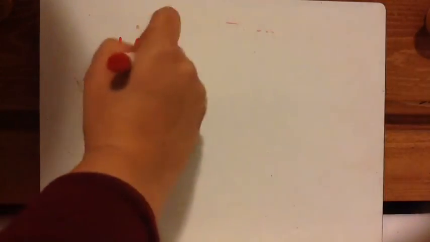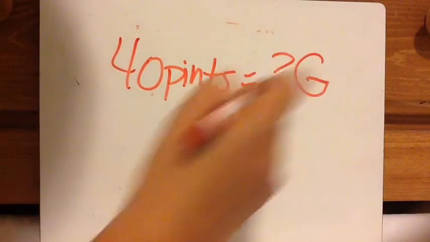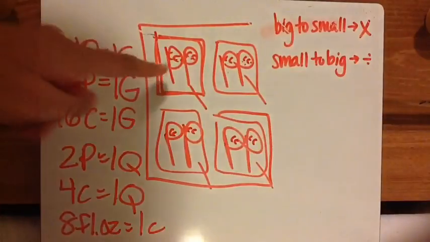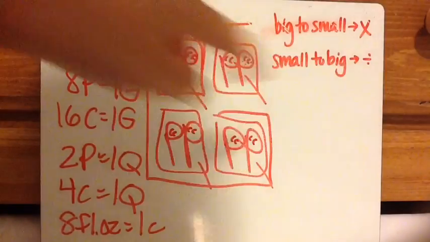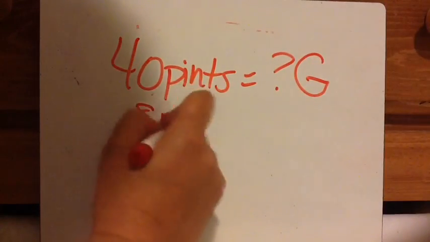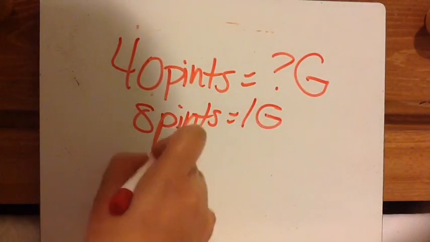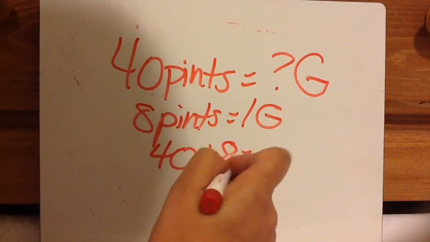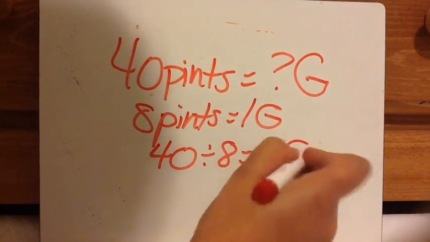Let's look at another one. 40 pints is how many gallons? Well, I know from the gallon man that 8 pints equal 1 gallon, and I'm going from a small unit to a big unit. So 8 pints equals 1 gallon, and because it's small to big, I'm going to do division. 40 divided by 8. Every 8 pints will give me 1 gallon, so then that would be 5 gallons.